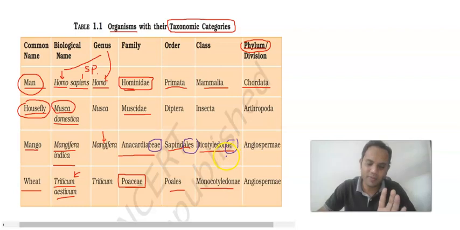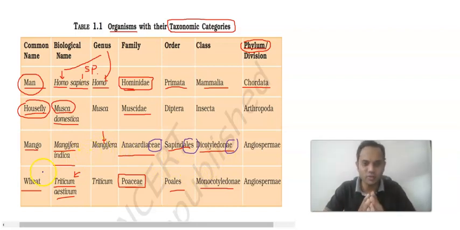So if we want to identify, we can identify with that also. Generally -aceae is for family, -ales is for order, and -ae for class. It is not true always, but most of the time it is followed. I think all of you have understood this.